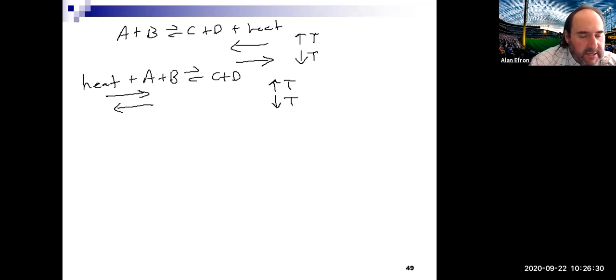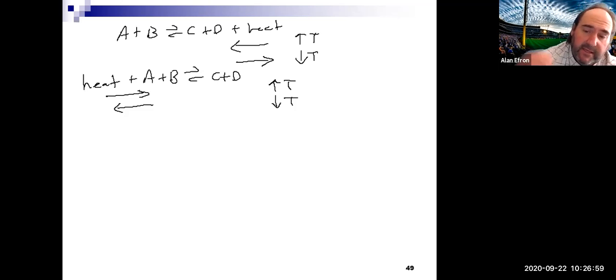Question on temperature change. The other thing that's important with temperature is, as we talked about, it is the only thing that will affect the actual value of the equilibrium constant. So if you have an equilibrium constant at 25 degrees Celsius, and let's say it's 100, and you raise the temperature from 25 to 50 degrees Celsius and it's 200, they will have different K values at those two different temperatures.